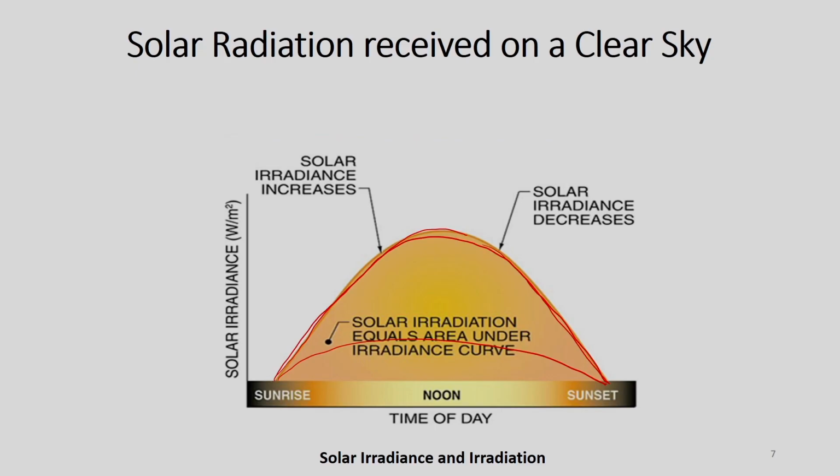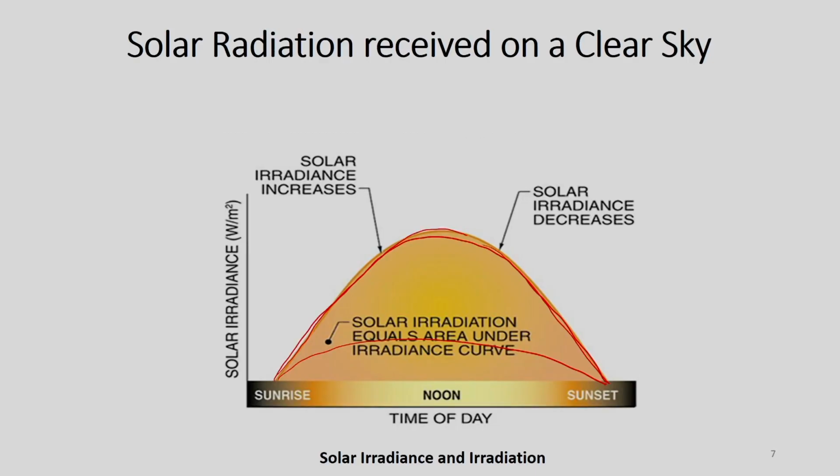Sometimes we talk about solar radiation, which may be solar irradiance or solar irradiation. Solar irradiance is instantaneous. What is the value of normal radiation at this moment? Maybe something like 700 watt per meter square. That is an instantaneous value, but it is valid for about 1 hour, since solar radiation does not vary much within 1 hour.